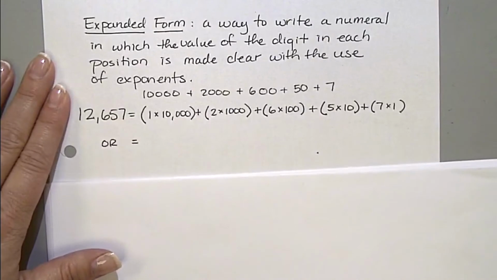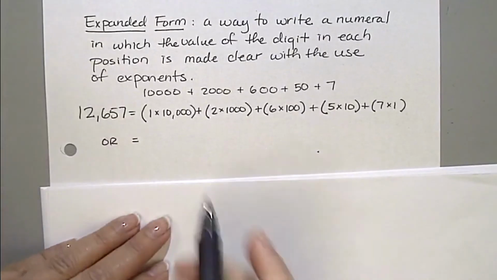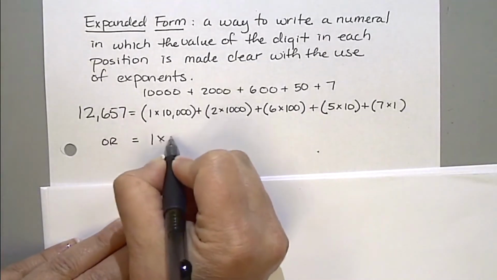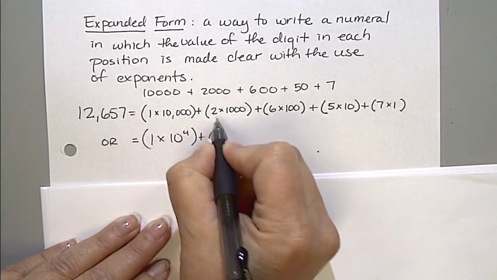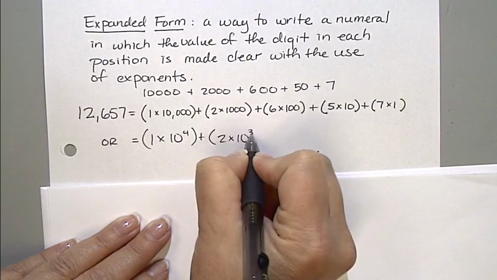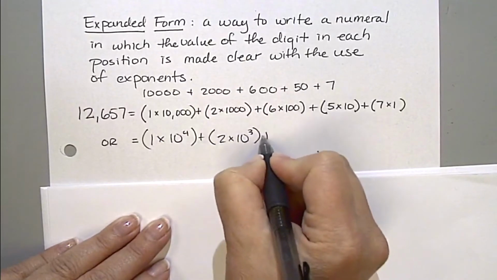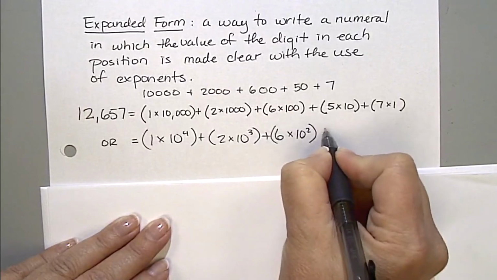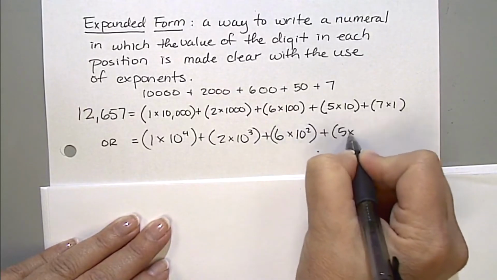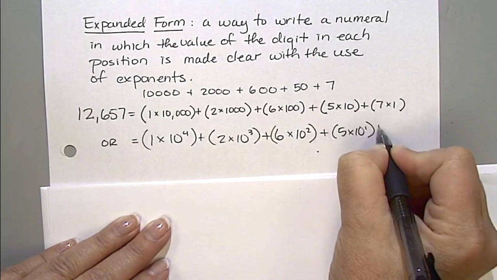So here's how it truly is in expanded form. I have a 1 times 10 to the fourth power, plus 2 times 10 to the third power, plus 6 times 10 squared, plus 5 times 10 to the first.